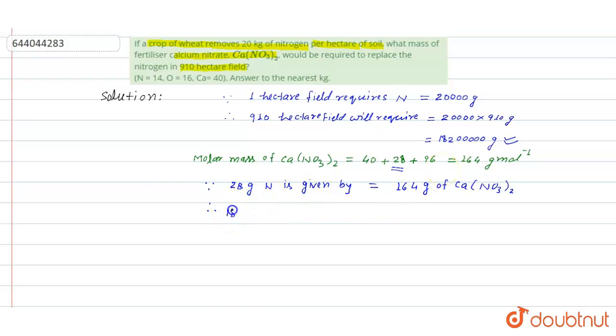Hence, 182,12345 gram nitrogen will be given by how much calcium nitrate? 164 upon 28 into 182,12345 gram of calcium nitrate, Ca(NO3) whole twice.